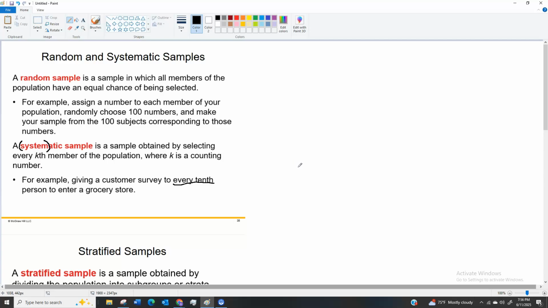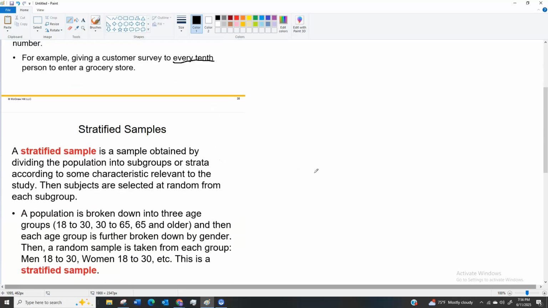So you start with the first car and you say, okay, that car's red. And then you count 1, 2, 3 until you get to the 20th car after that, and you mark that down. Then you count again to the 20th car after that and mark that one down. It keeps you from having to write down every single car, and it gets you a wide variety from across the parking lot.